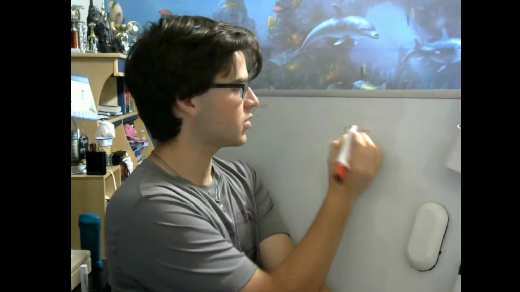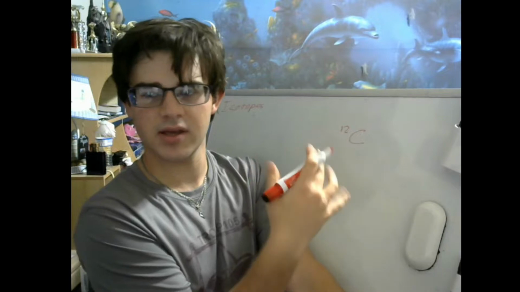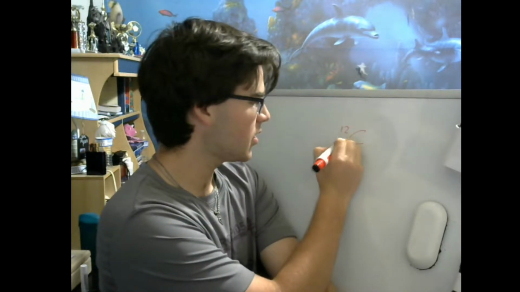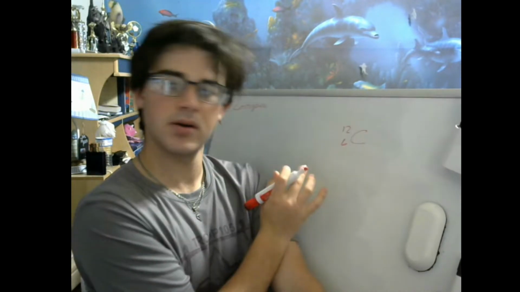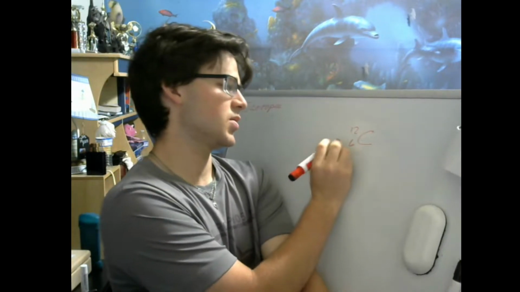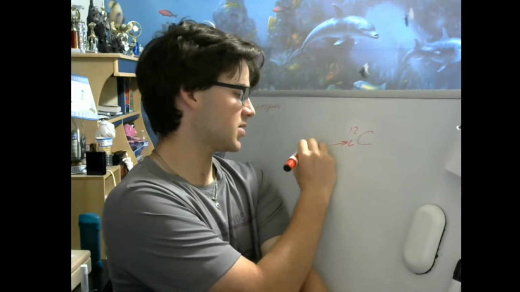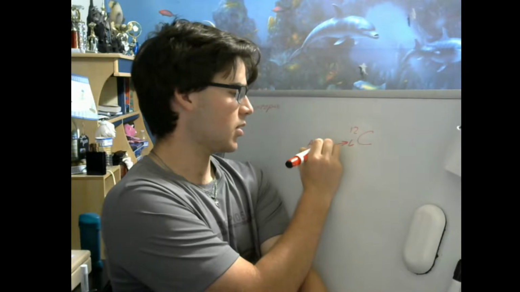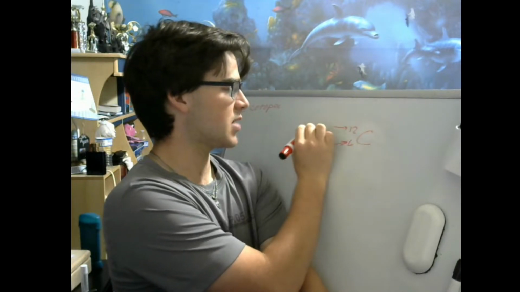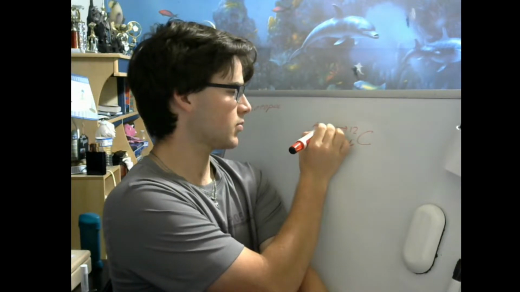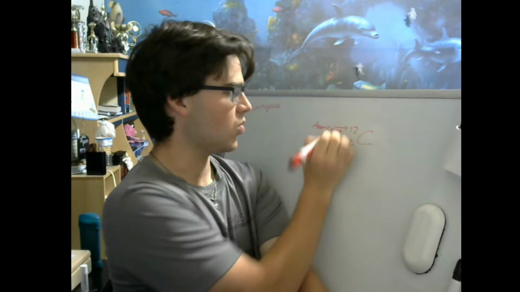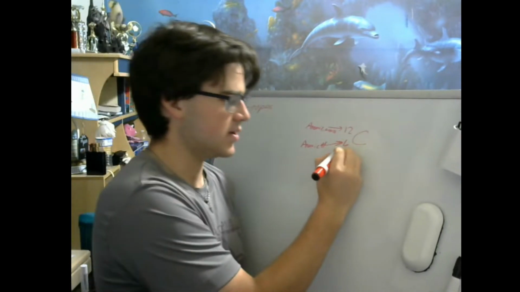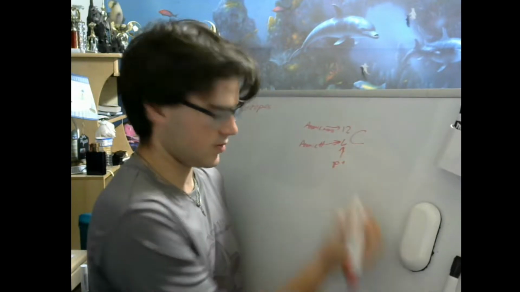So carbon, its normal atomic mass is going to be around 12, atomic number is 6. So this is the atomic number, and this is the atomic mass. What this tells you is this is also the number of protons.